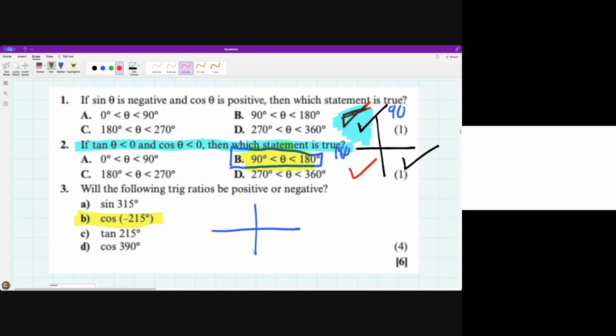Okay, I'm going to go in this direction. So here's naught, here's minus 90, here's minus 180. So my angle for minus 215 is going to be in this quadrant here. Now I'm going to put in what we call the CAST diagram. Is cos positive in quadrant 2 or is it negative?